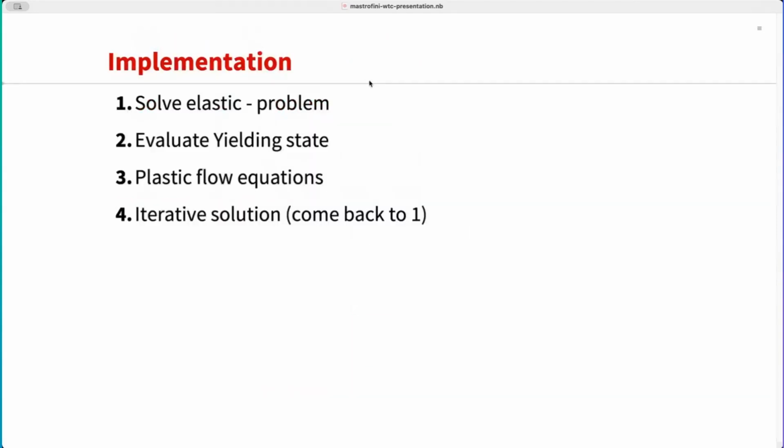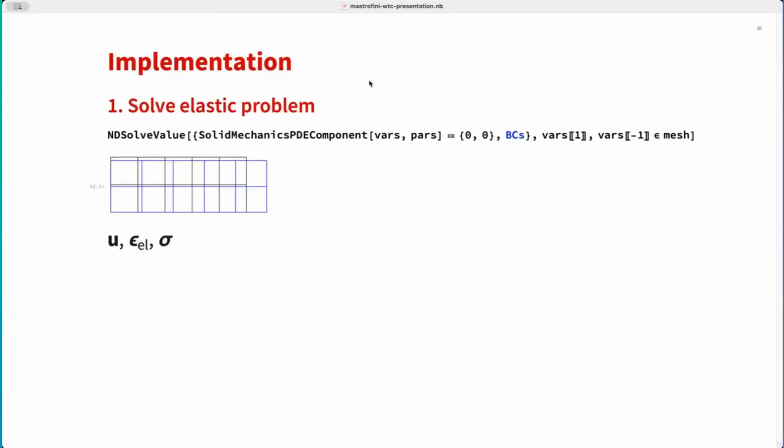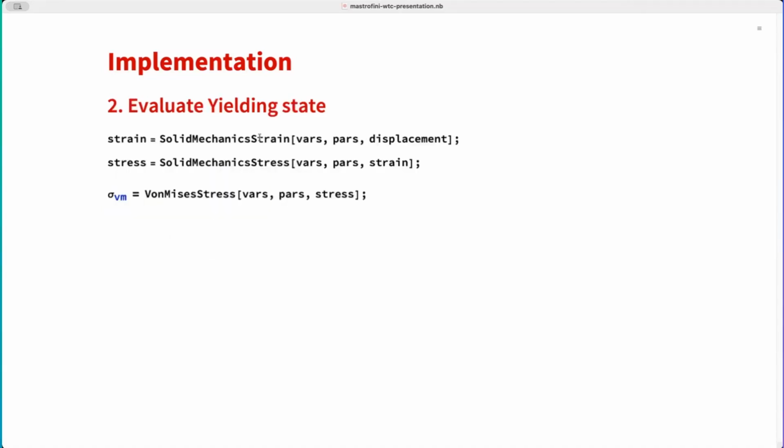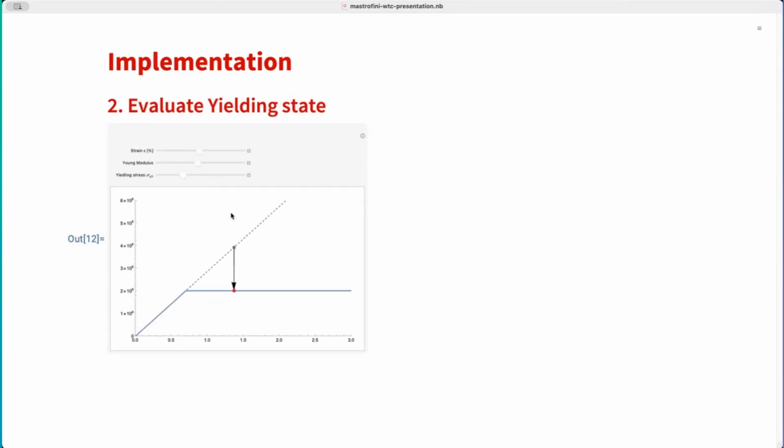So going into detail of this implementation, we can, as mentioned before, start from a solution of a classical elasticity problem. The solution is given in terms of displacement and we can compute also elastic strain, total strain, and stresses. In particular, we can use the solid mechanics strain and stress functions and the von Mises stress function to evaluate the current elastoplastic state.